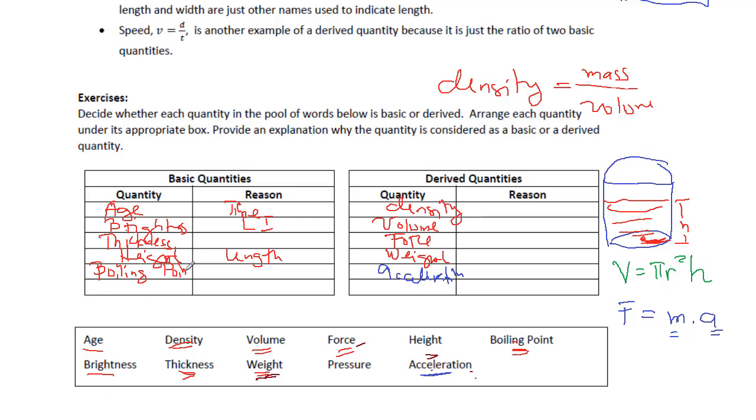So those are just under the quantity temperature. Pressure is force over area. Clearly, this is a derived quantity. Everything that is not under the basic quantities is a derived quantity.